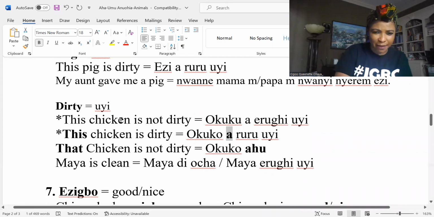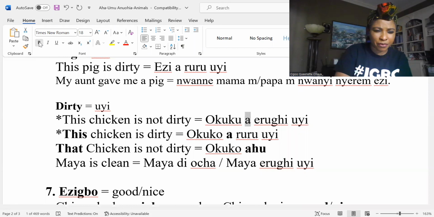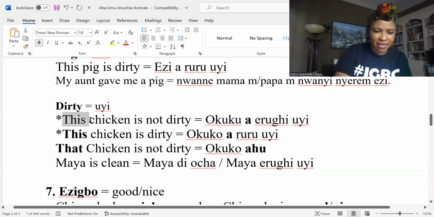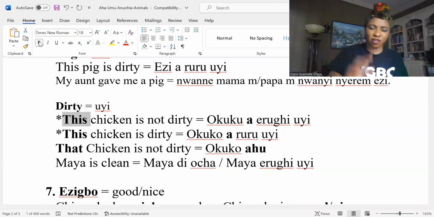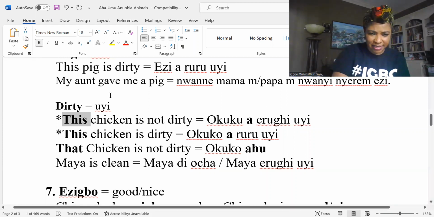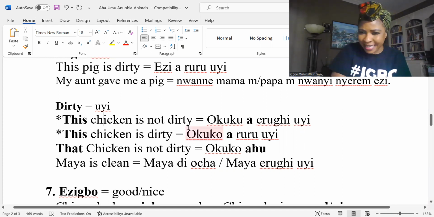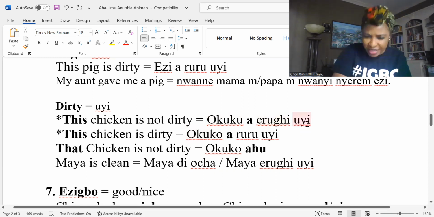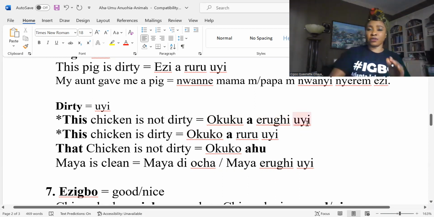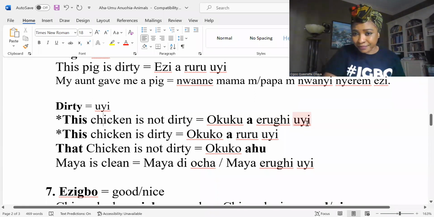The word I put in bold represents the one I put in Igbo and English on the other side of this sentence. This chicken is not dirty. Ọkụkọ. This R represents this: erughị unyi. You see how to say it when you're trying to say it's not dirty.